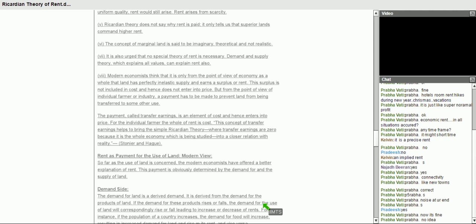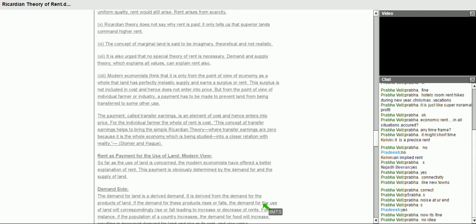So transfer earnings is like, suppose a piece of land is there and we are using it for the cultivation of wheat and we are getting 150 as the rent. Now the same piece of land is used for the cultivation of potato and now we may get 200 as the rent.